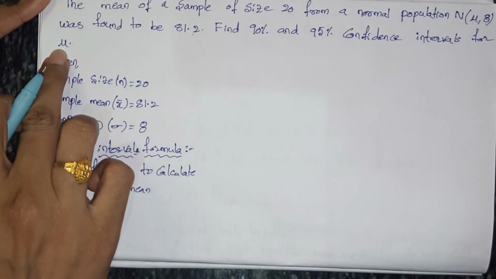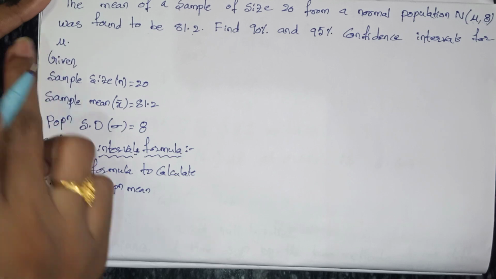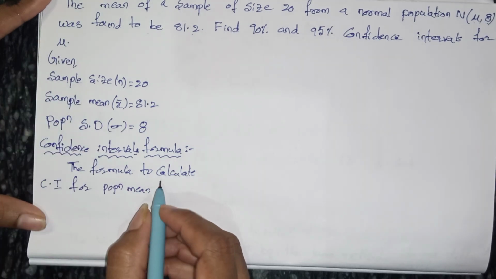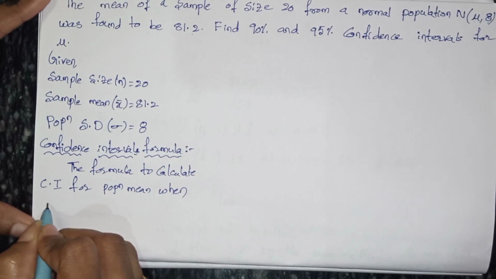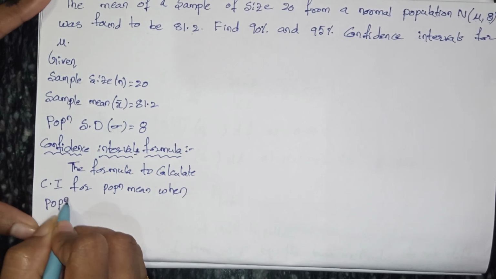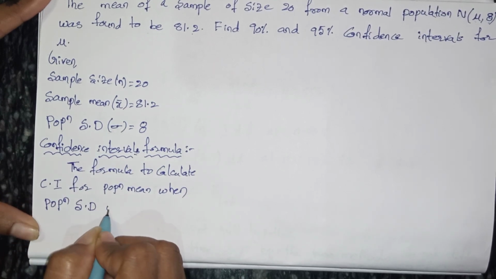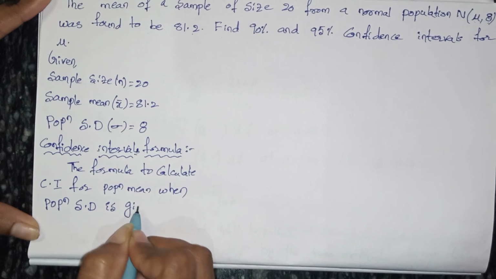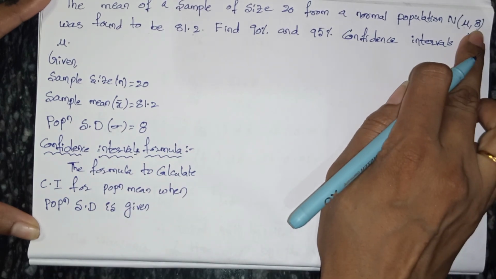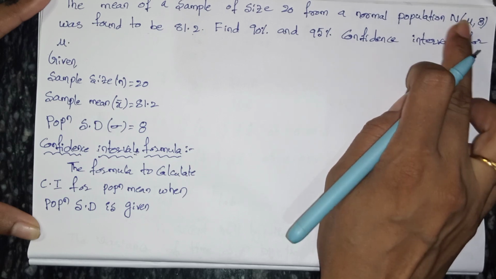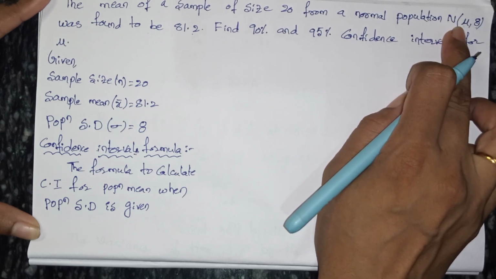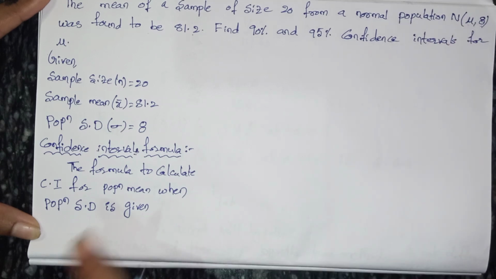They asked for mu, that means the population mean. This is for the population mean when the population standard deviation is given. They gave the population standard deviation, and they are asking to find the confidence intervals for mu. So that's why this formula is used.